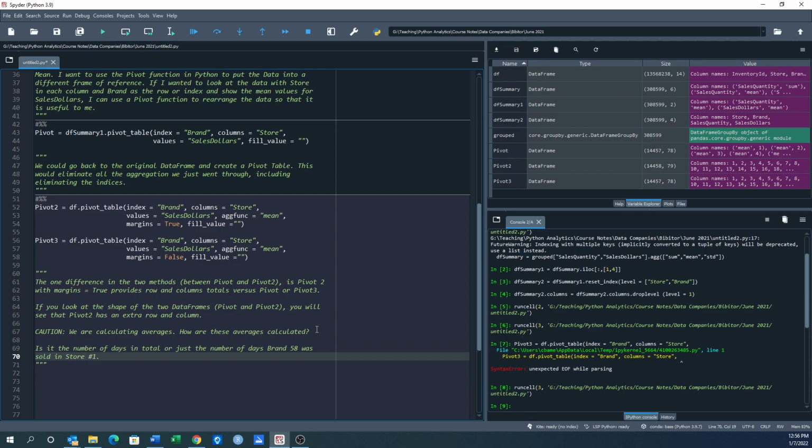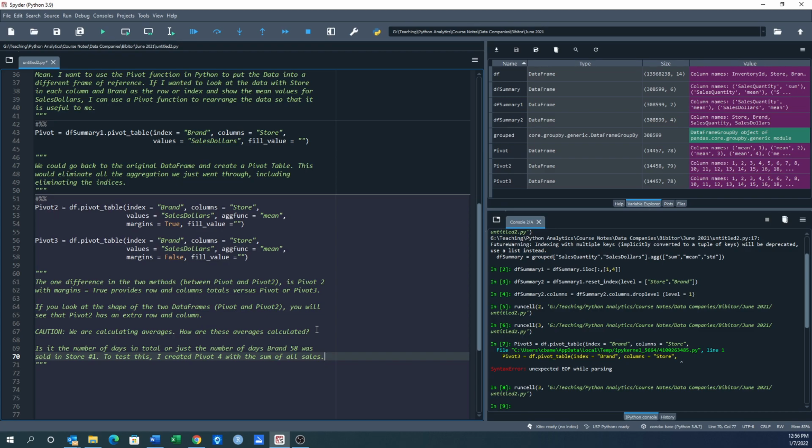To test this, I created a 4th pivot table, pivot 4, with the sum of all sales.